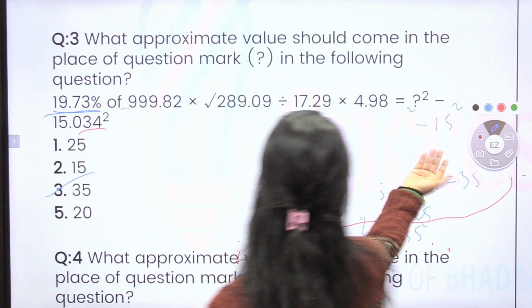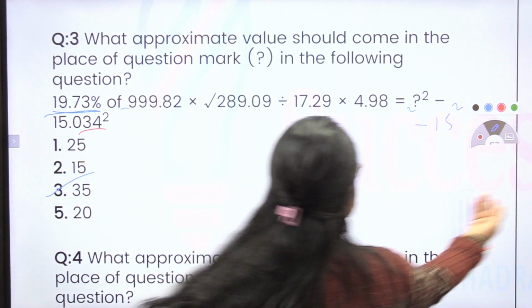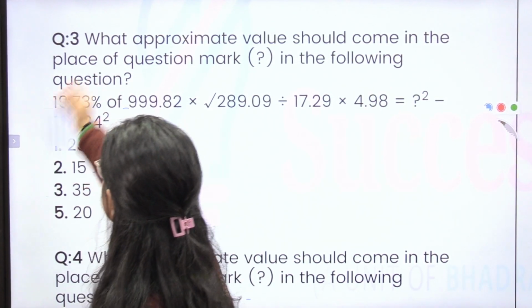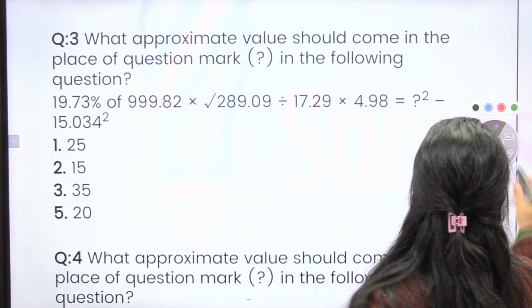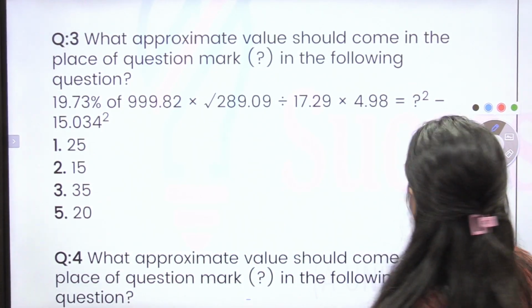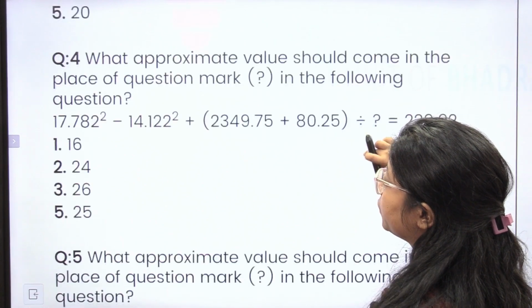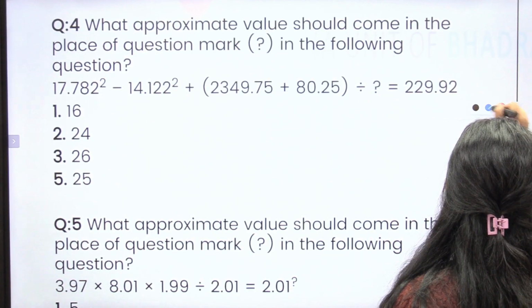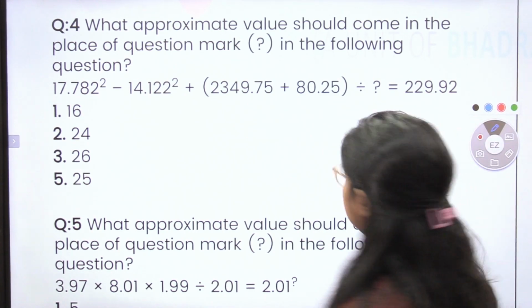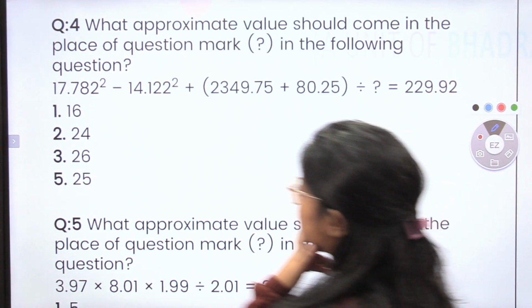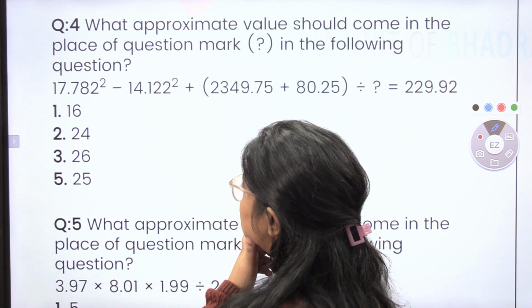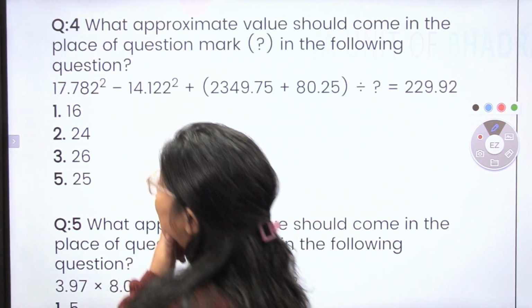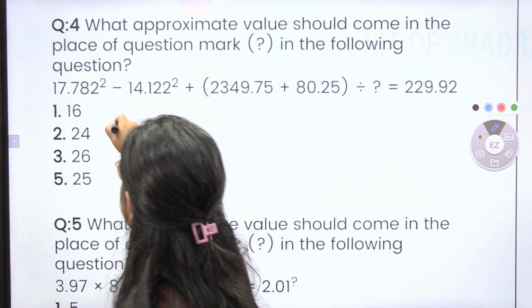Let's come to the next question. Here, similar procedure. You solve by yourself. After that, we will match the option. So 17.78 square, how will I approximate it? I will approximate it as 18 square.